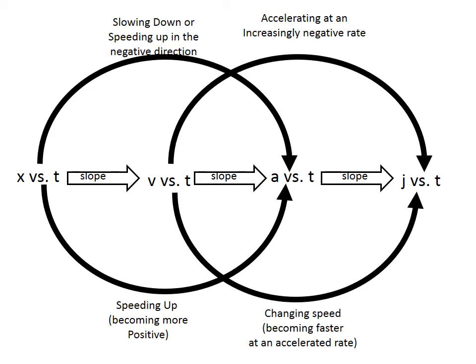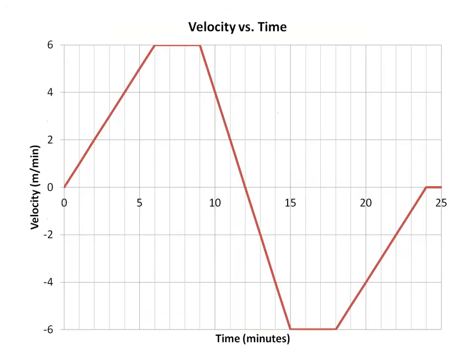Now what happens when you want to figure out displacement from a velocity time graph, or velocity from an acceleration time graph, or even acceleration from a jerk time graph? Well, in that case, you're really looking at areas. So here we have a velocity time graph where we want to find displacement.